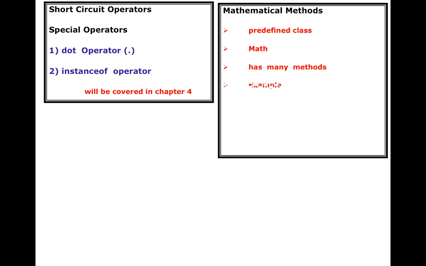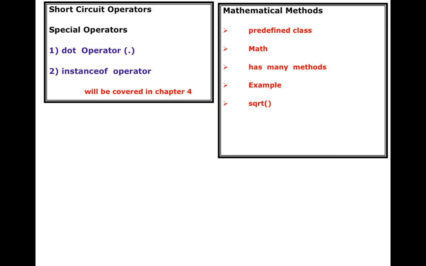Okay. So for example, take this one, sqrt. I'm sure you remember the sqrt which you had studied in C language. It will give you the square root. So in Java also you have a method called sqrt which will give you the square root of a number.